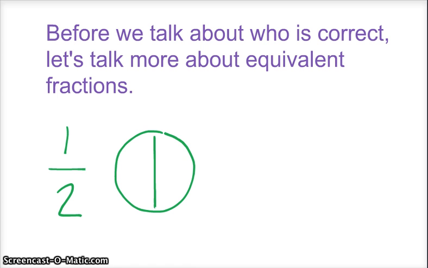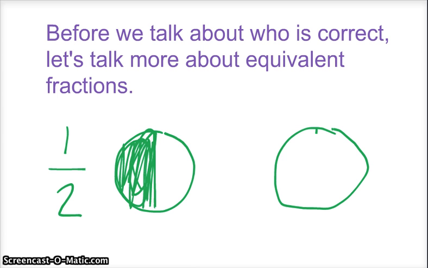Now, can we divide this pie up even more and change the fraction? I'm thinking we could take this pie, divide it into half again, and what do you notice when I divide it like this? Now talk with your partner, and then this leads us to form question number 5.